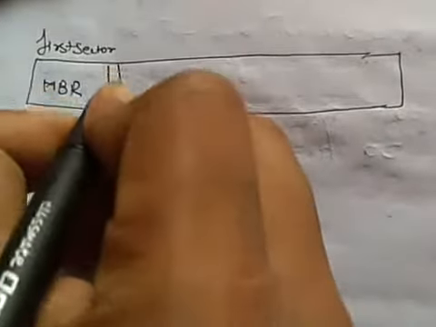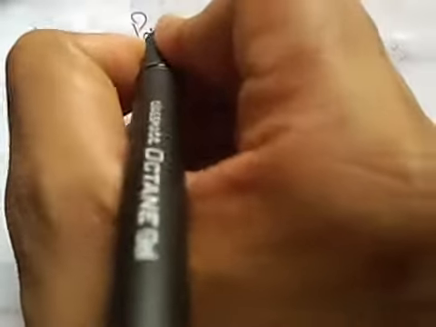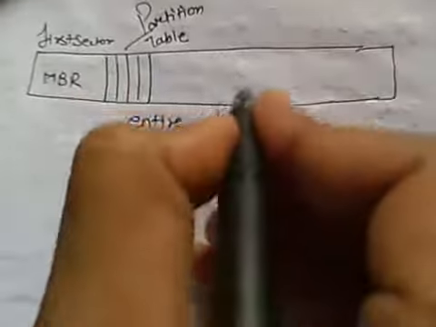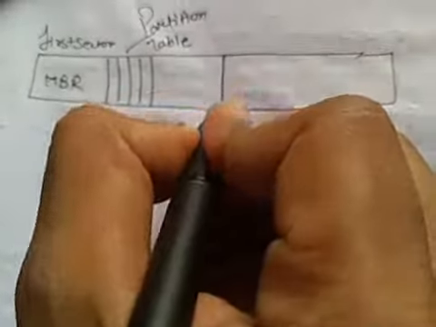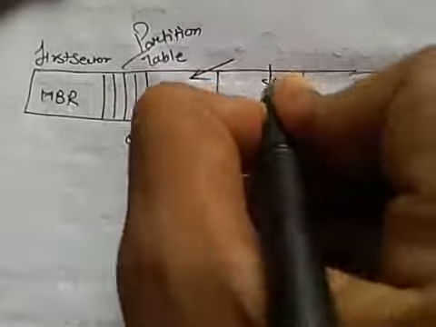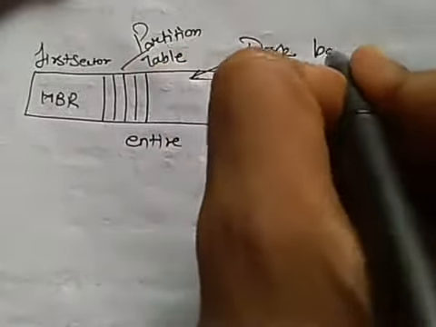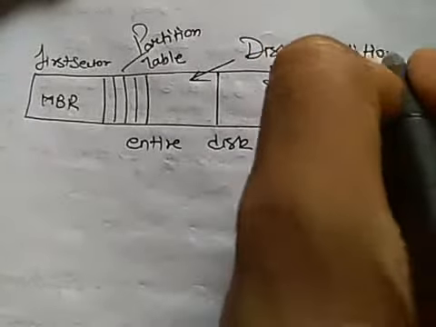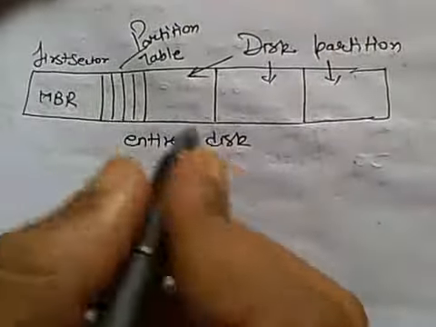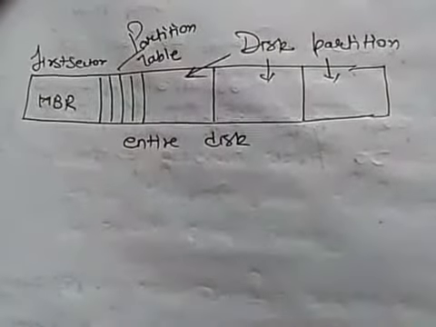Now in this we also have partitions, and these are known as partition table. Now in this hard disk we also have other partitions, and these are known as disk partition. Now this is the pictorial representation of an entire disk, and the first sector is the master boot record.